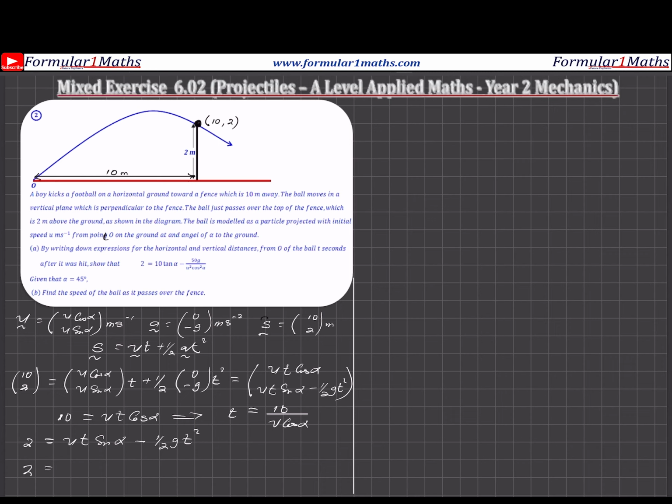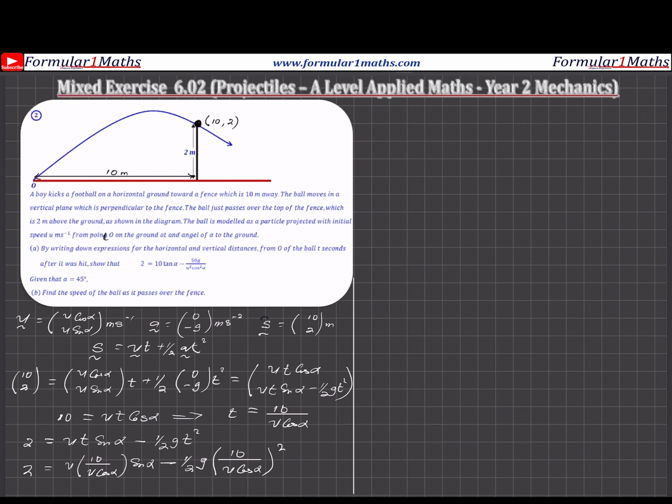And on the right-hand side, I'm going to get u times the t, which is 10 over u cos alpha times sine alpha minus half g, and my t be 10 over u cos alpha, all of that squared.